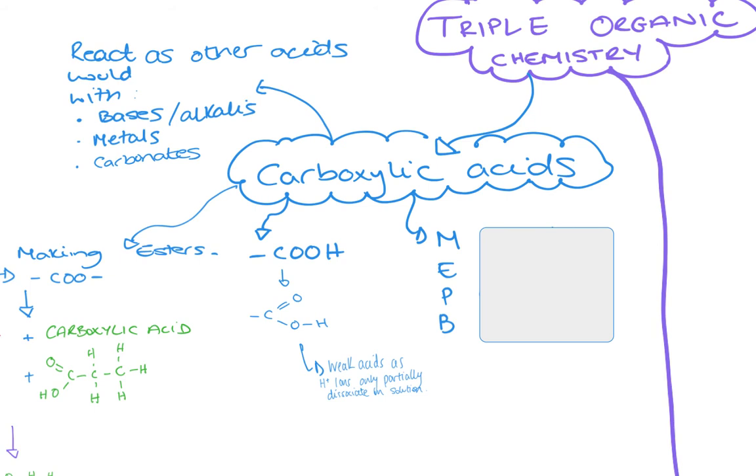Now here, your formulae for carboxylic acids always contain the functional group COOH. And that C adds to your total number of carbons. COOH is always at the end. And then you need to add on whatever comes before it.